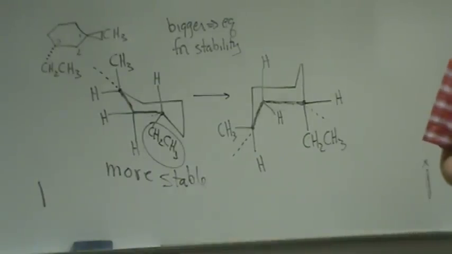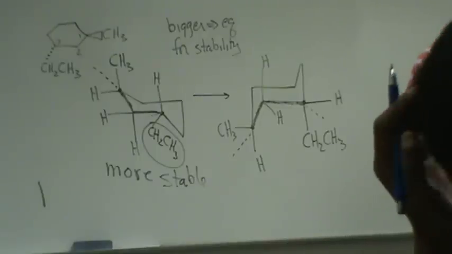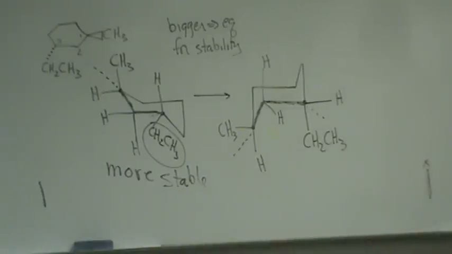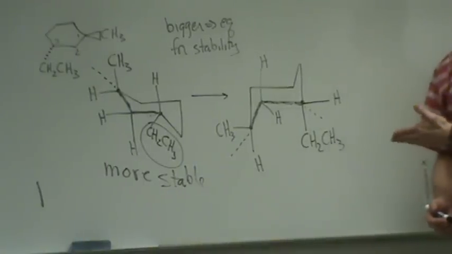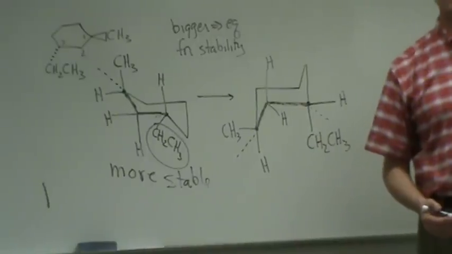Look for the bigger one, and I want the bigger one on the equatorial one. Okay? Any questions on that? Okay. All right, so this finishes up the cyclohexane, and it finishes up the chapter.